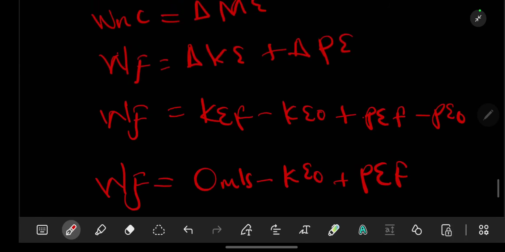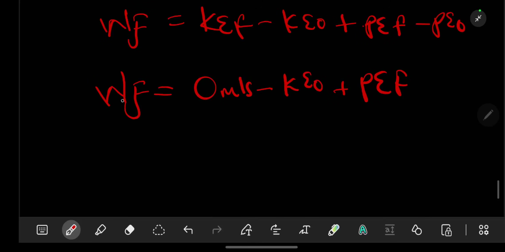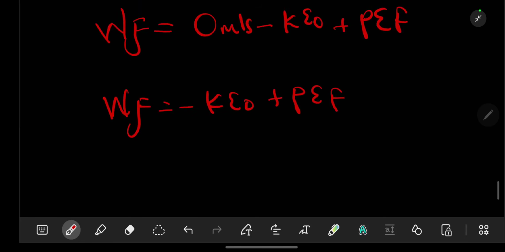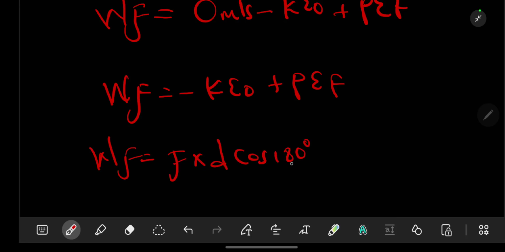So we are going to now replace. The work done by friction is equal to negative initial kinetic energy plus final potential energy. The work done by friction should be equal to the frictional force times the distance times the cosine of 180 degrees.